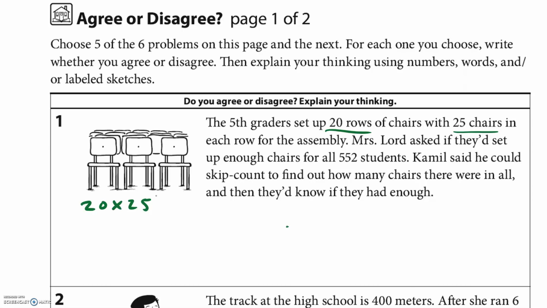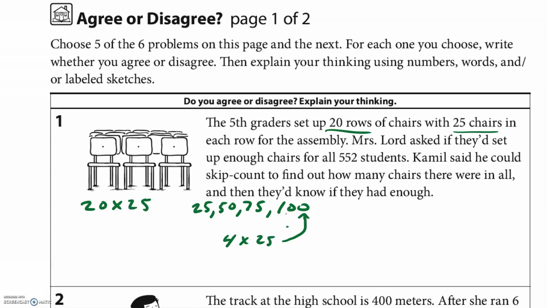If I were to show all my work, I'd go 25, 50, 75, 100. So that right there is 4 times 25. Well, actually, I'm going to erase that. Gotta be careful. 4 times 25, the fourth multiple of 25, is 100. And so right there, I'm skip counting.